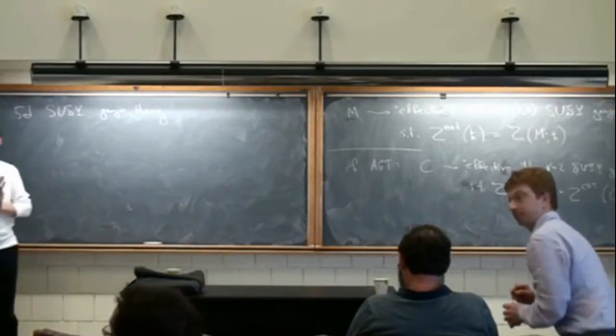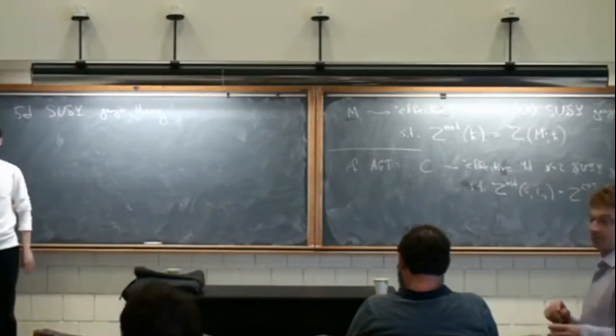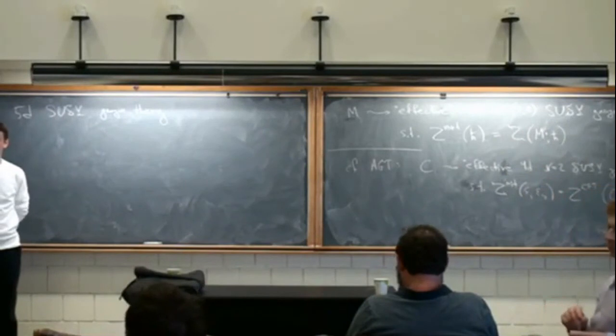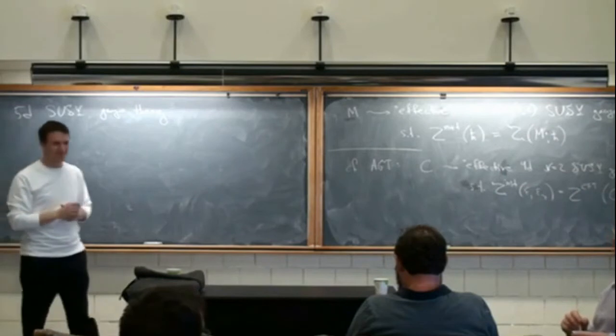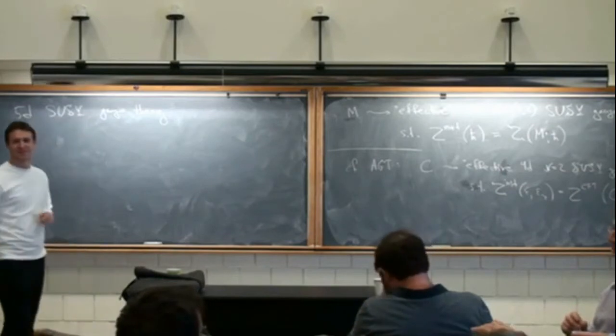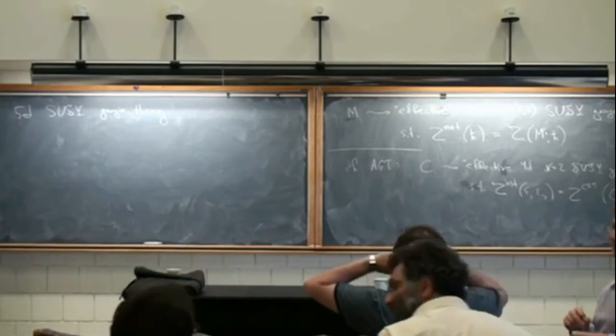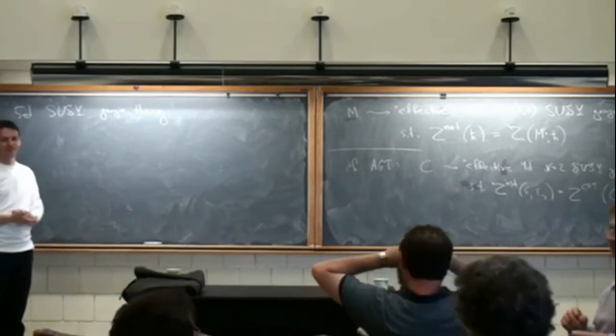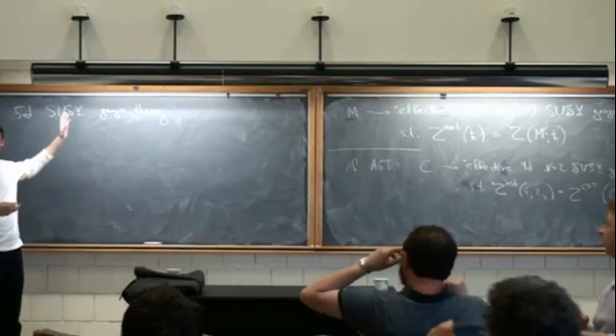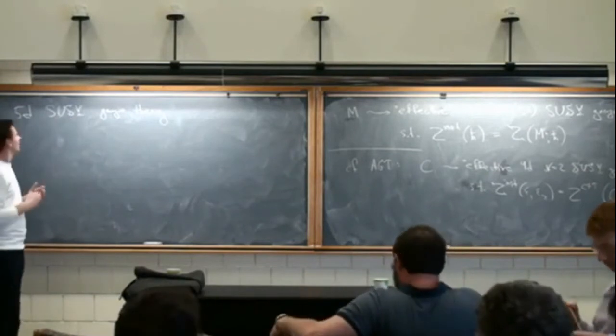Actually, it's not fair what you said, because this five-dimensional theory will be considered on some compact space M, and that one I think exists. But you can always put the 6D theory on a circle. All right, and that's the right way to think about it.